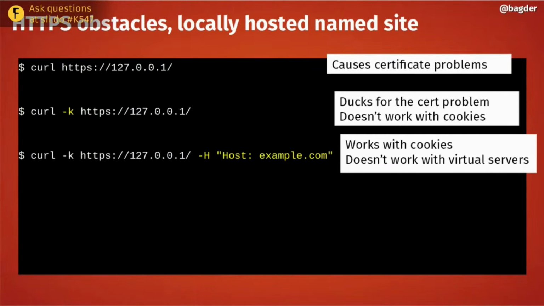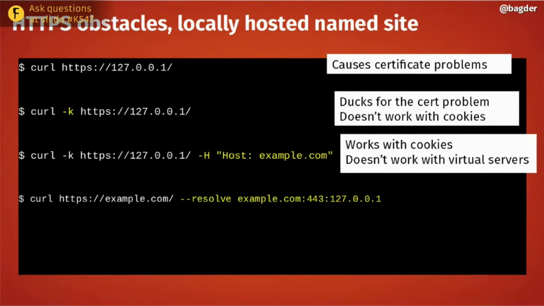So curl has another way to do it, and this is the fancy way. You add the --resolve option. This is basically a way to provide an IP address for a host name, whatever host name you want.